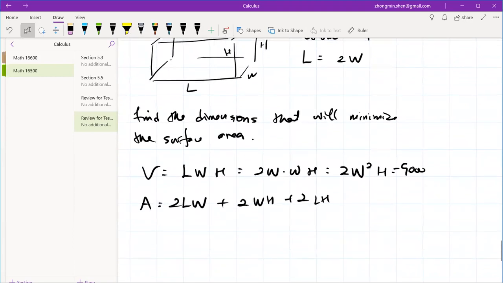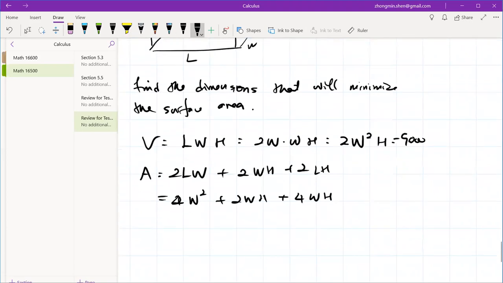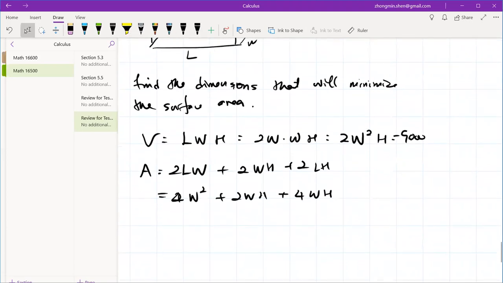I replace L by 2W. So it's 4W squared plus 6WH.